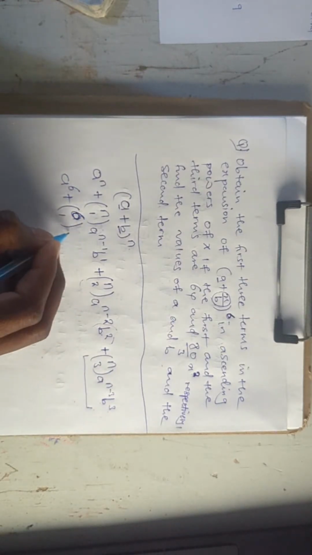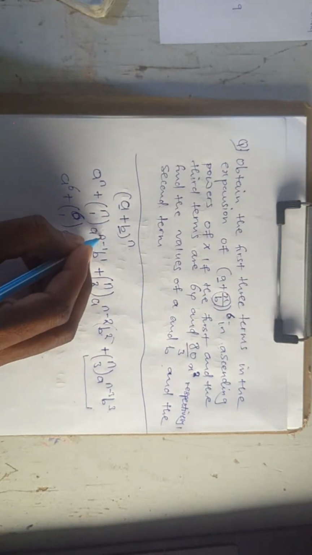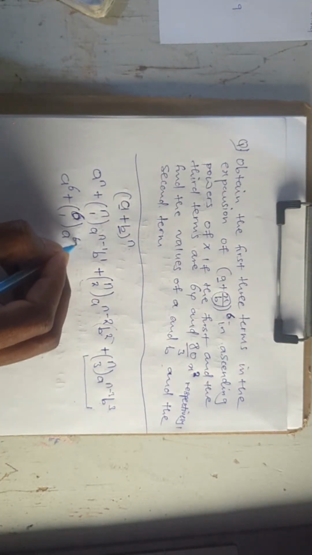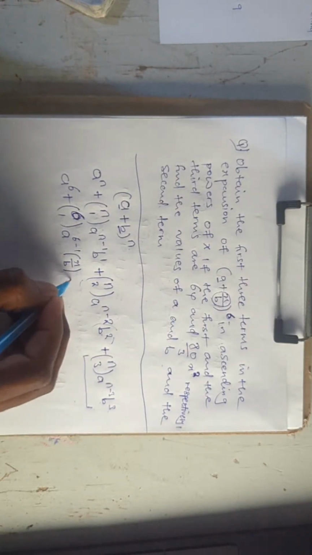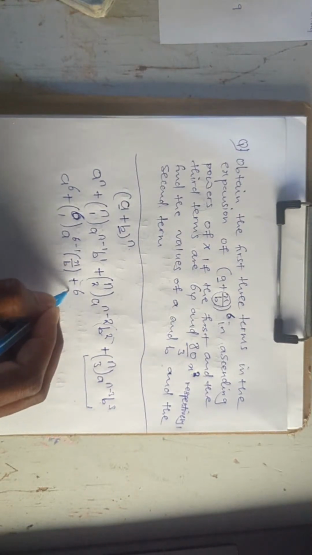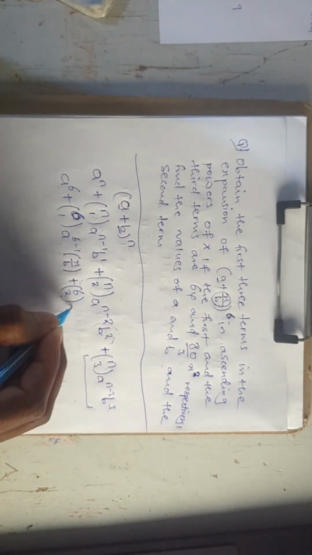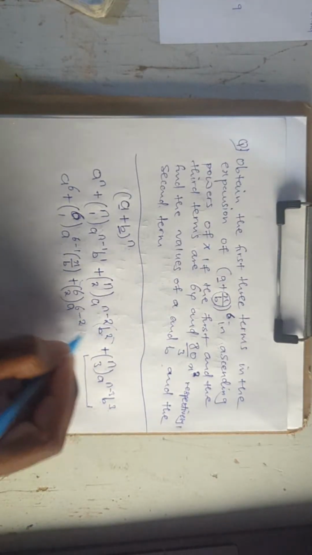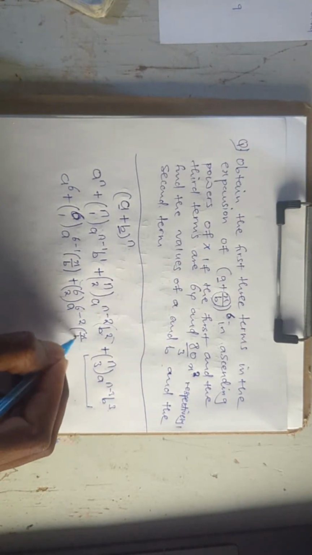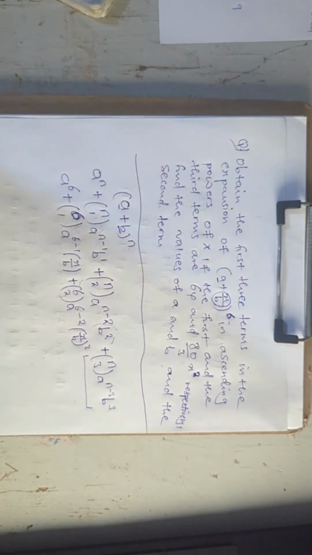What is our a here? It is a. What is our power here? It is 6 minus 1. And what is our b? Our b is x over b from the question itself, plus 6, 2 here. Then we have a. Our power is 6 minus 2. And our b is x over b squared. Perfect.